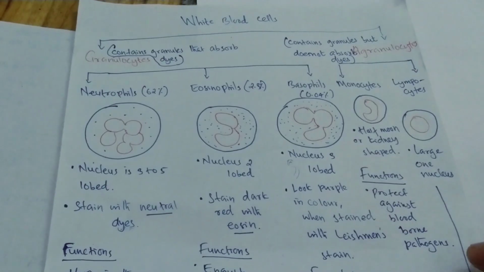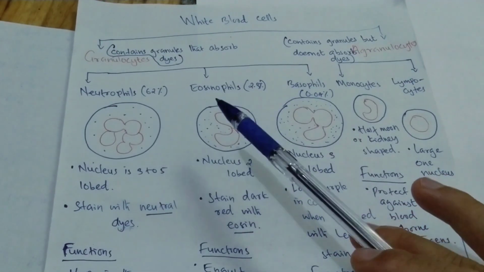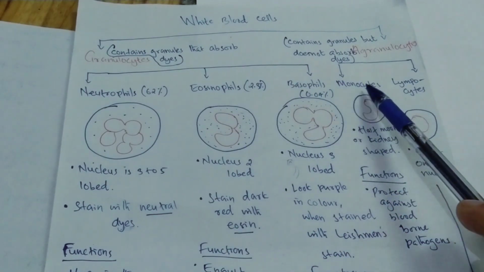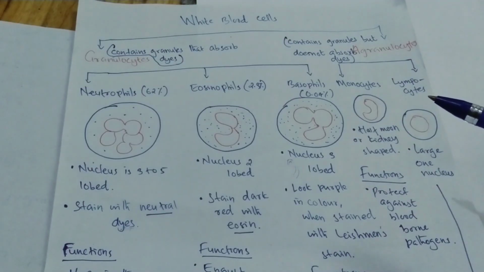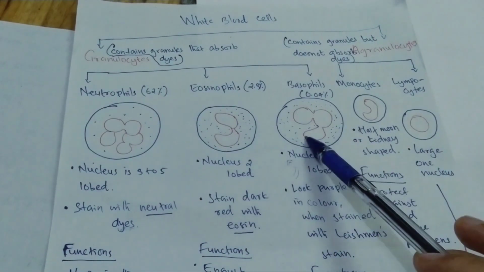So let us summarize our lesson briefly. We have studied about the types of white blood cells. We have two types of white blood cells, granulocytes and agranulocytes. Granulocytes contain granules that absorb dyes, and agranulocytes contain granules but they do not absorb dyes. We have three types of granulocytes: neutrophils, eosinophils and basophils.